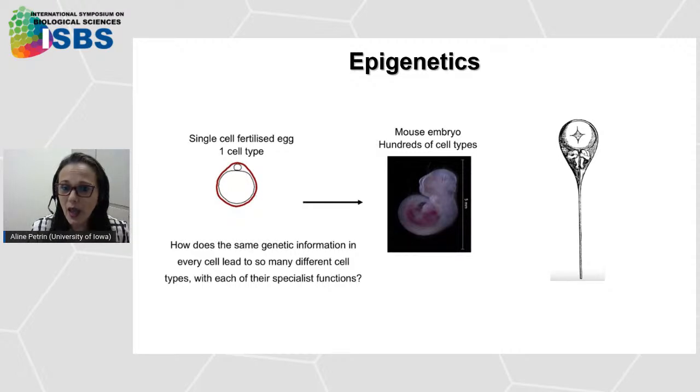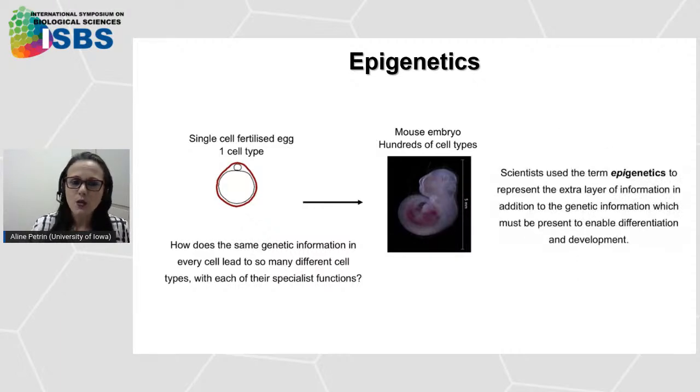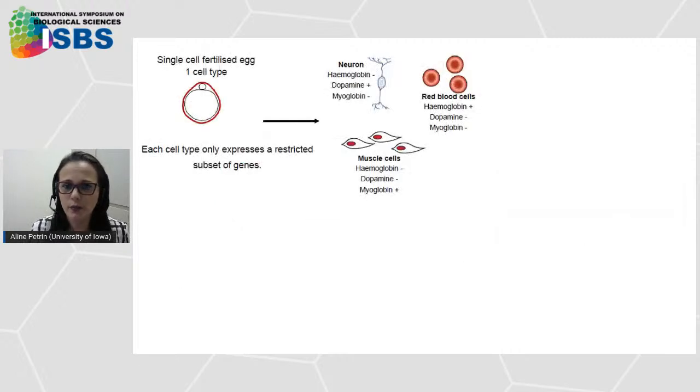What happens is that there is an additional layer of information that regulates how the genome works, and that was called epigenetics. Scientists use the term epigenetics to represent this extra layer of information that enables differentiation and development. This will let our body make different cell types.